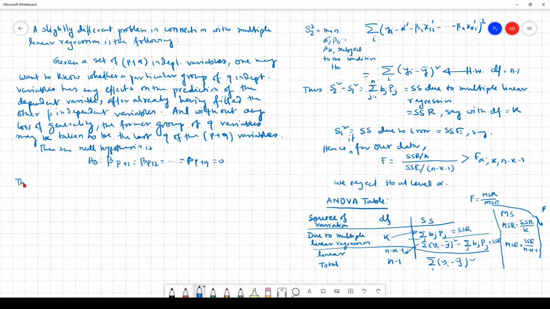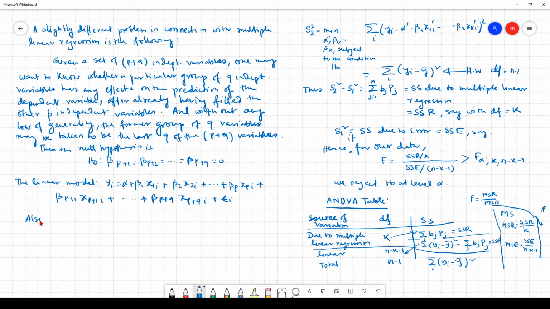The linear model in this context is y i equals alpha plus beta 1 x 1i plus beta 2 x 2i plus ... plus beta p x pi plus beta p plus 1 x p plus 1 i plus ... plus beta p plus q x p plus q i plus epsilon i.